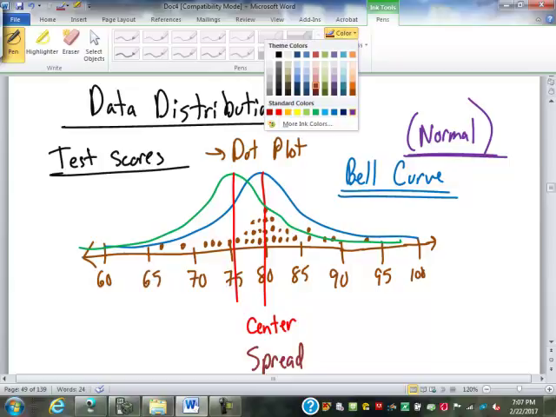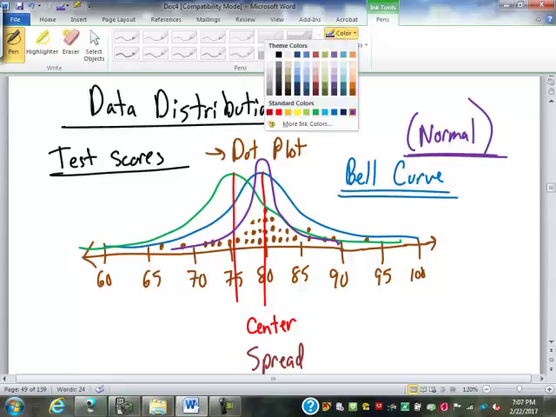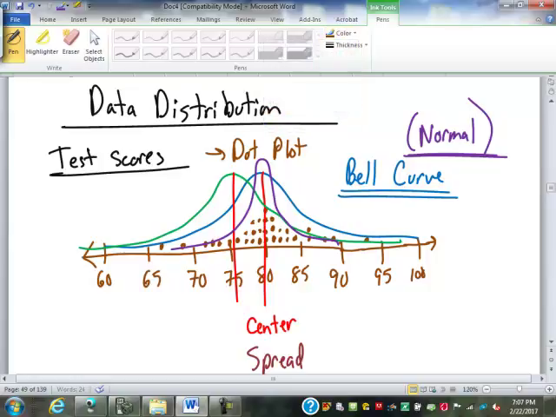So if I bring in another curve, comparing the purple curve to the blue curve, they have the same center, but the purple curve is narrower. It is less spread out. The blue curve is more spread out. So we need to come up with numerical ways of describing both the center and the spread.